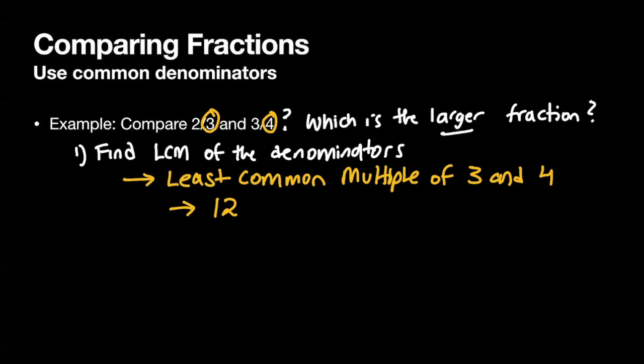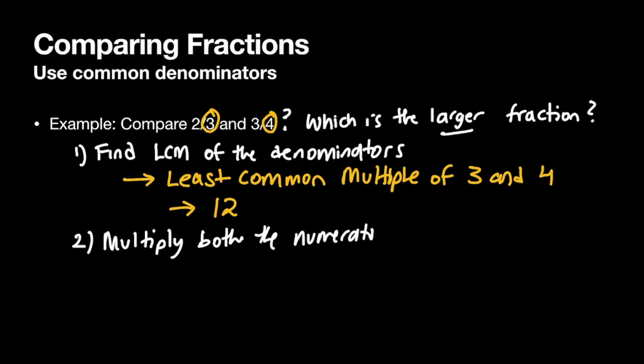Once we find the least common multiple, we want to multiply both the numerator and denominator by the LCM.